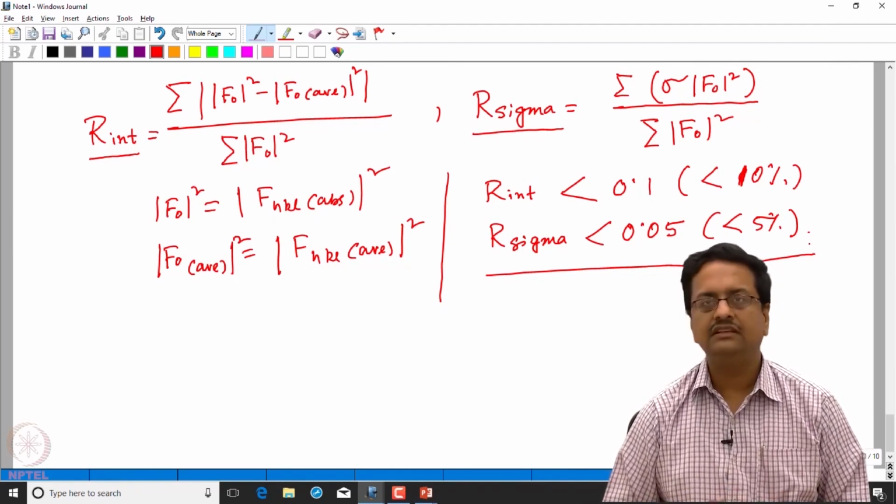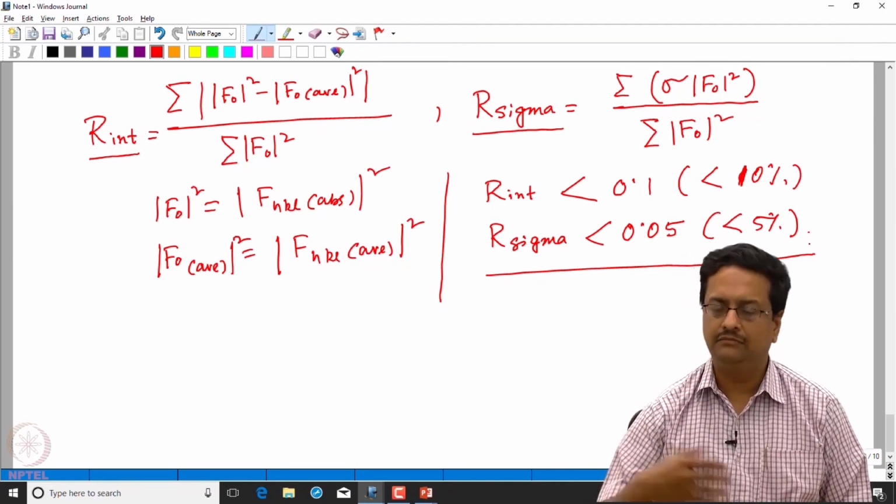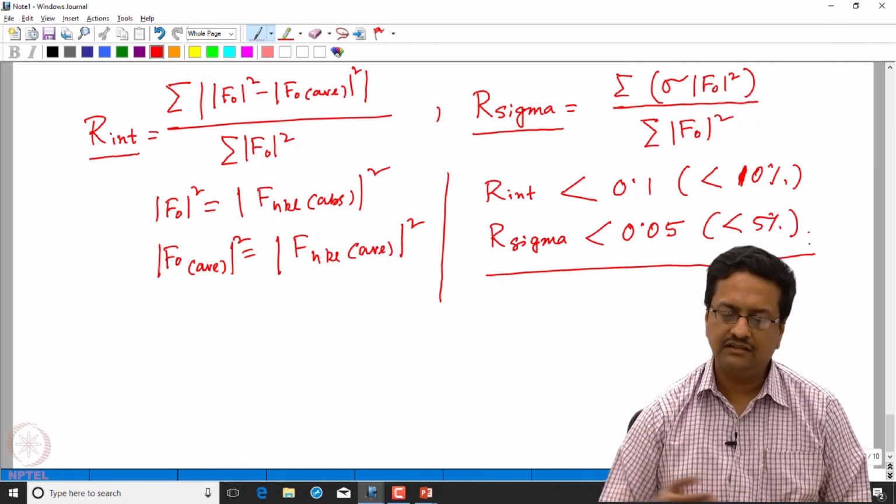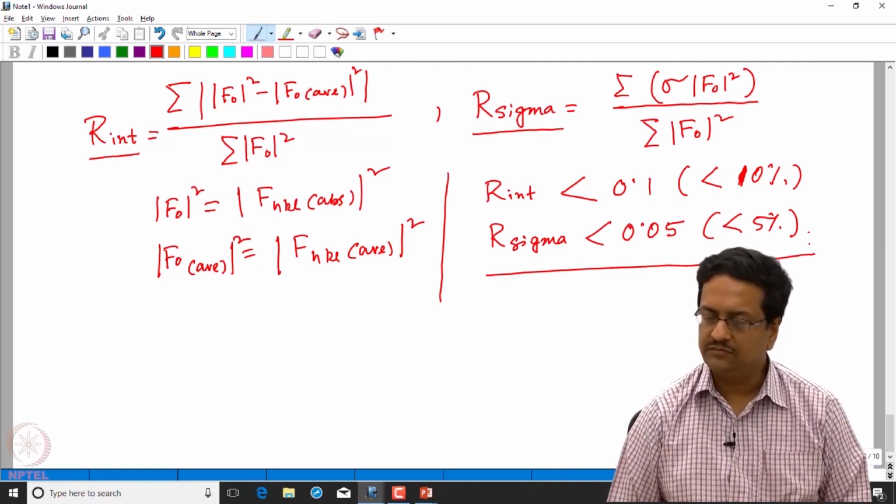If we see that the R int is very high, like maybe 20% or 18% or 25%, it indicates that there must be something wrong.